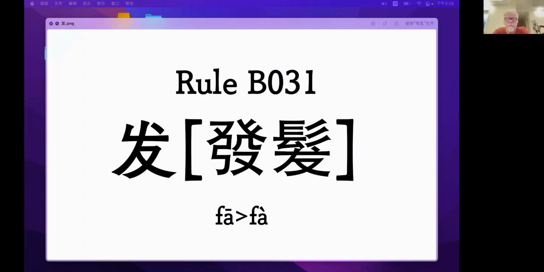It looks almost like the simplified character, but not quite. It only has one dot on top. The simplified character has two dots on top. So that's a phonetic. It's pronounced ba, but it makes the character pronounced fa, like toufa. Toufa means head hair or hair.